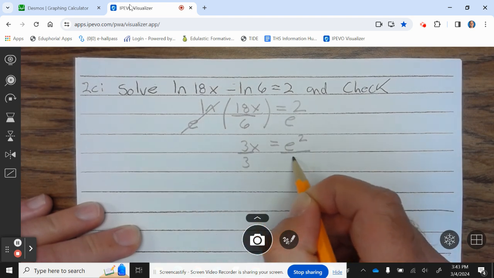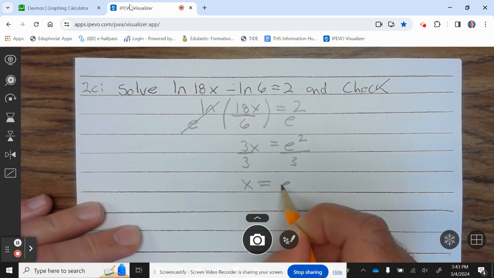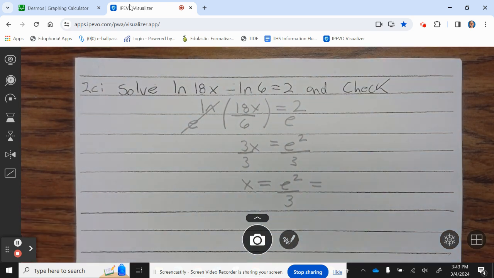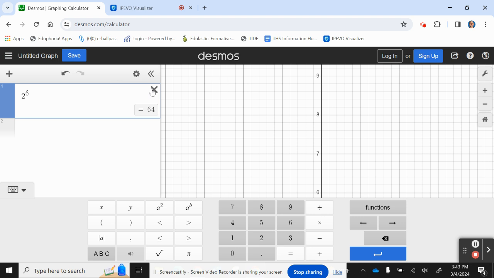Divide both sides by 3. x equals e squared divided by 3. Right, so let's go ahead and put that in our calculator. Let's round that to 1 decimal place, so x equals 2.5.